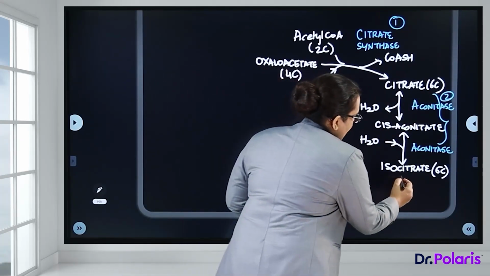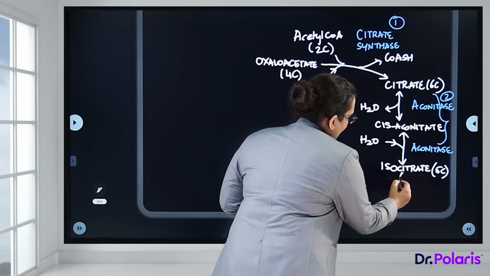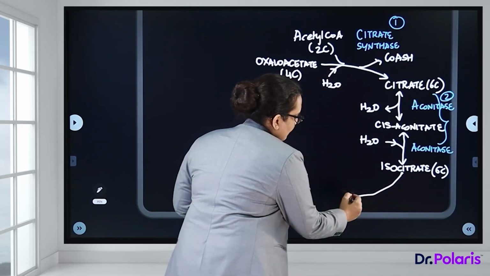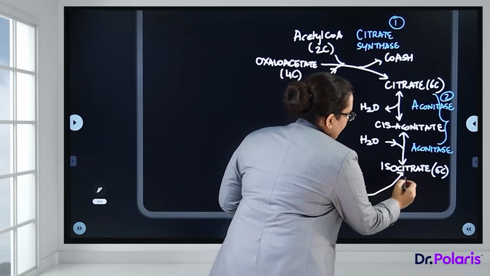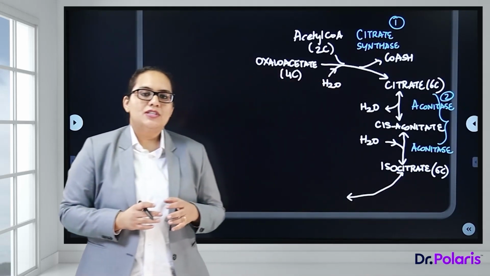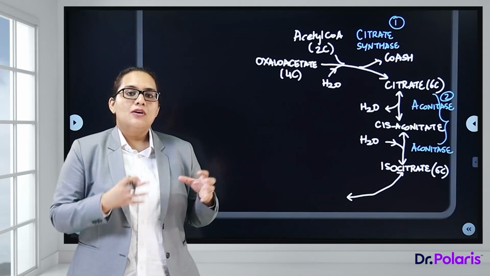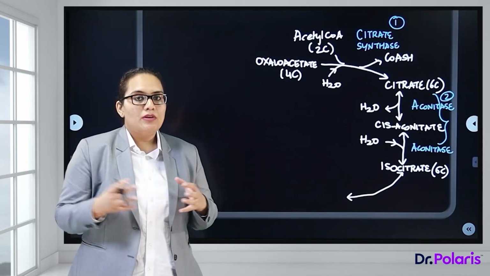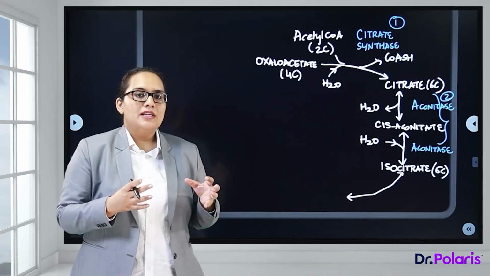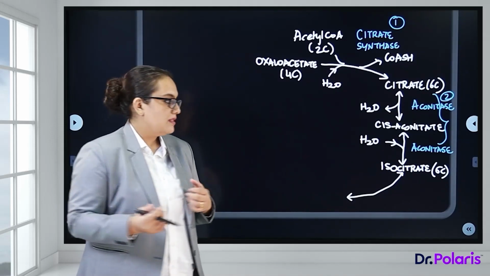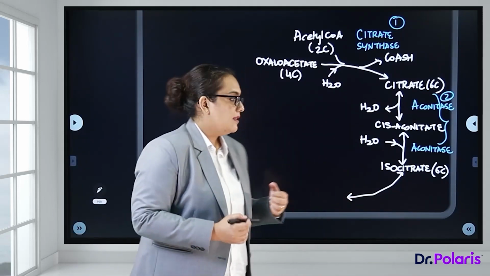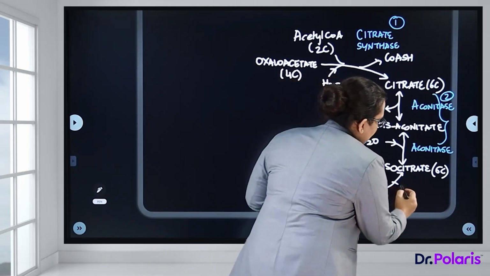In the next step, isocitrate undergoes oxidative decarboxylation. This is a reversible step. Oxidative decarboxylation is a step where there's oxidation and decarboxylation occurring. Oxidation here is removal of hydrogen, and decarboxylation is nothing but removal of carbon dioxide. So the hydrogen acceptor is NAD+.